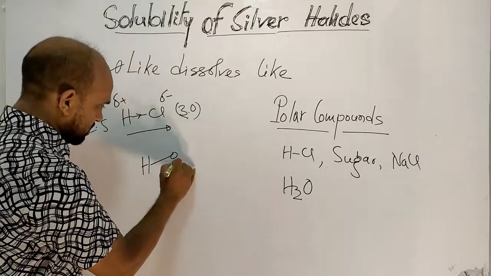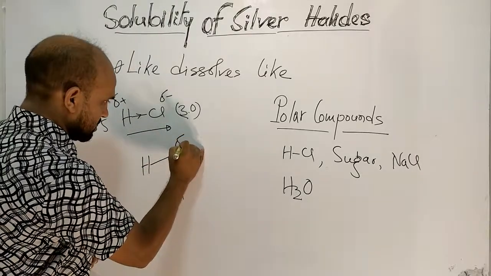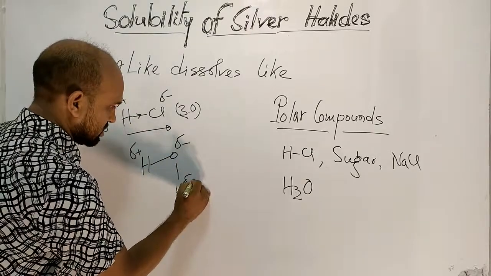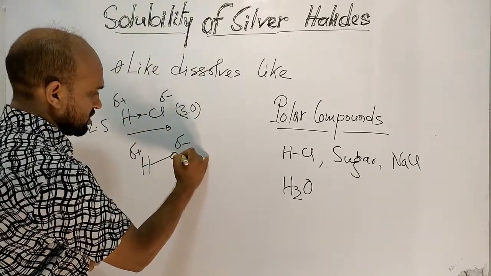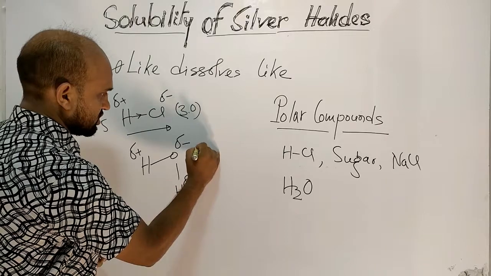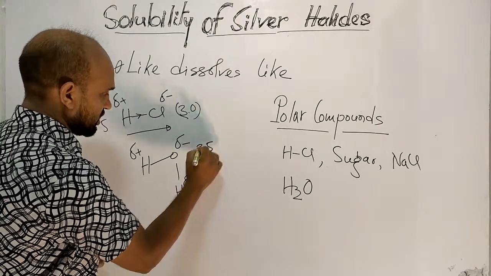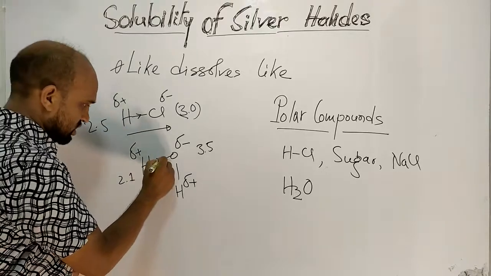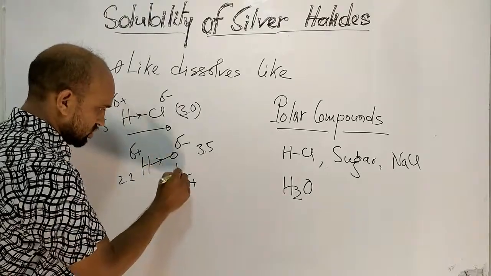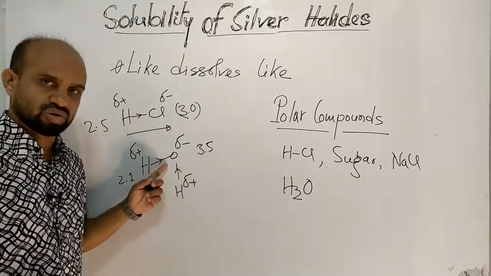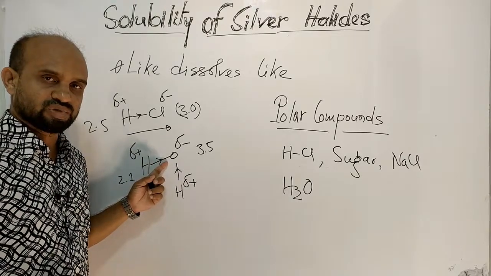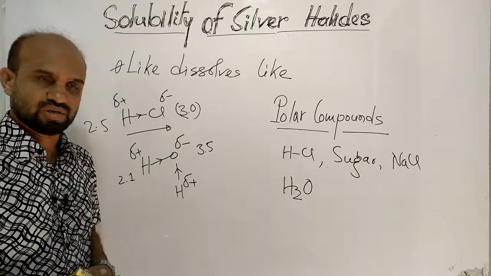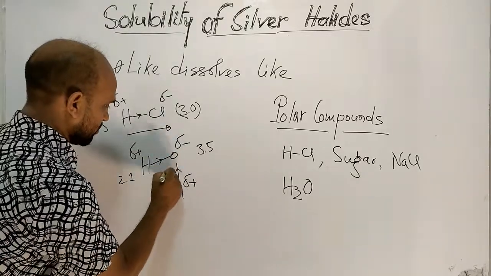Again, let's see water. Oxygen is negatively charged and hydrogen becomes positively charged because electronegativity of oxygen is 3.5 and hydrogen is 2.1. So electron cloud shifts towards oxygen, and that is why oxygen becomes negatively charged and hydrogen becomes positively charged. So this is also a polar compound.